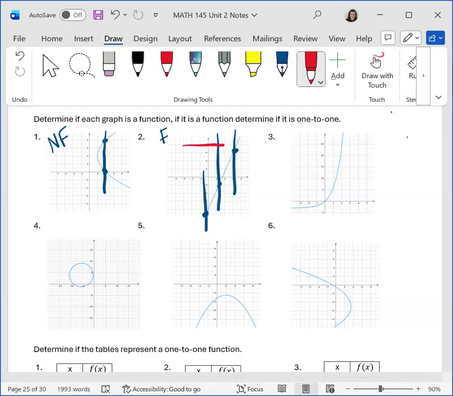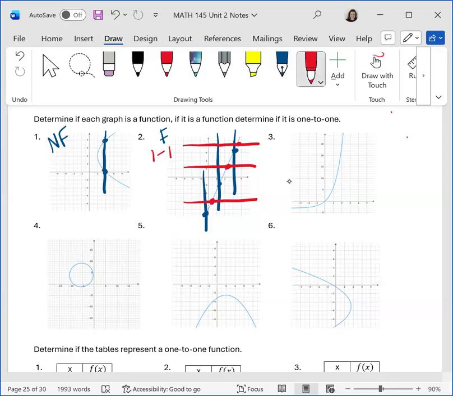So it works similarly to the vertical line test. If we put horizontal lines anywhere on the graph, those horizontal lines should only intersect the function in one place. And all of those red lines just intersect the function in one location. Therefore, this linear function is both a function and it's one-to-one.